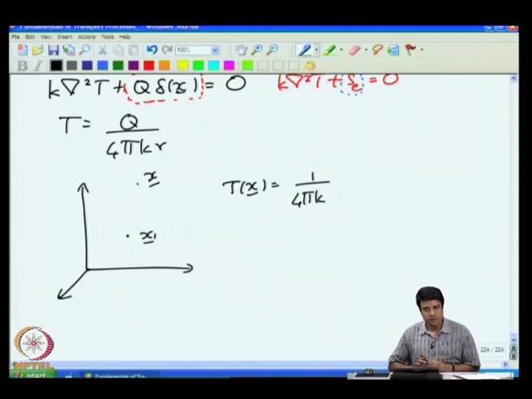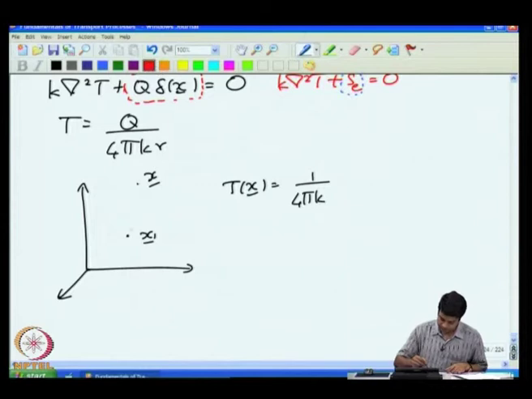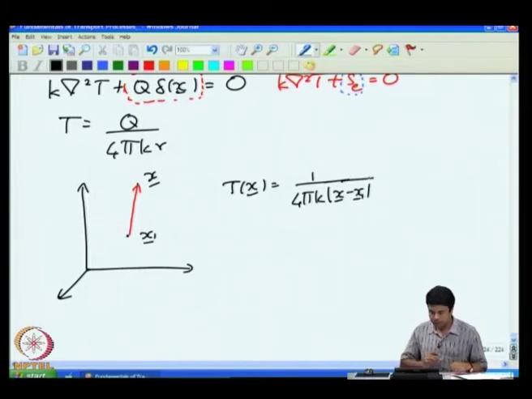That means the temperature has to depend on the distance between these 2 points. In other words, the temperature has to be equal to q 1 by 4 pi k into modulus of x minus x 1. So, this is the temperature field for a source that is not located at the origin.